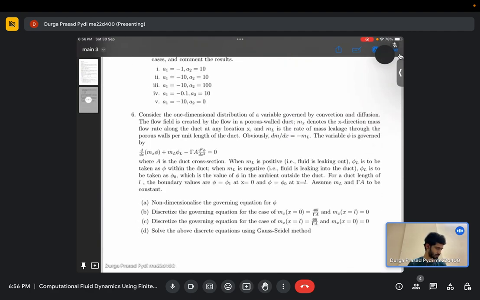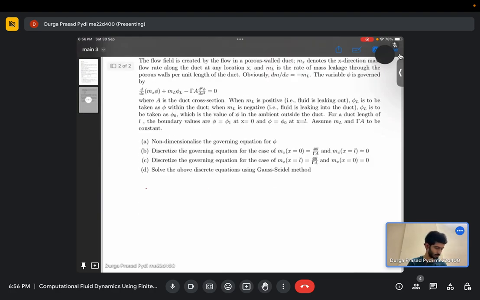The last question is actually quite involved, where you have a duct. However, the duct is porous, so because of the porous nature of the duct, you will have some leakage, either inflow or outflow. So this is essentially going in this direction.